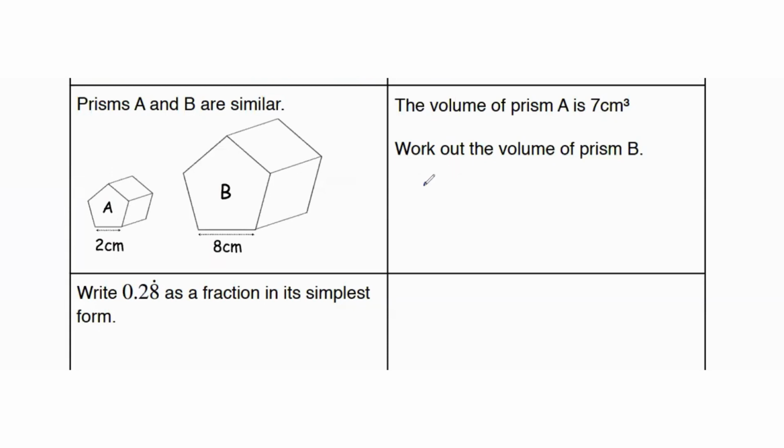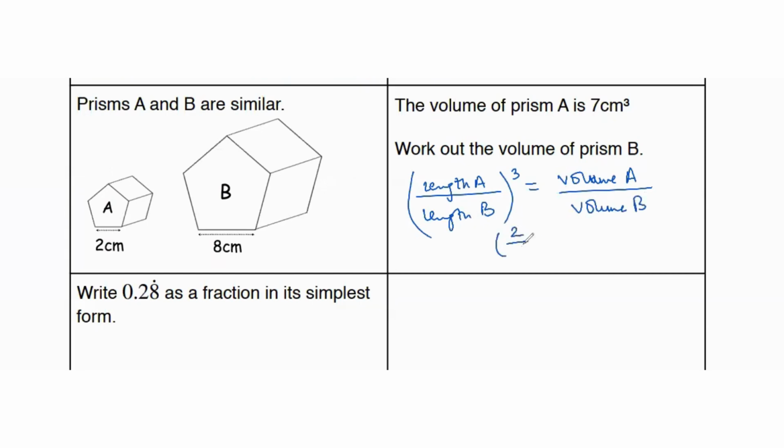So it's going to be length A over length B. If we cube it, that equals the volume of A divided by the volume of B, which in our case is going to be 2 over 8 cubed equals 7 over x.